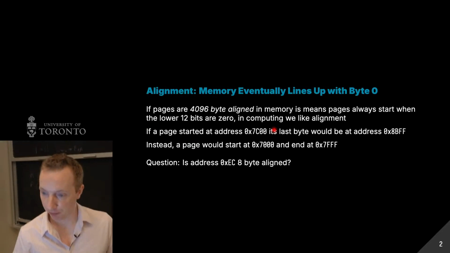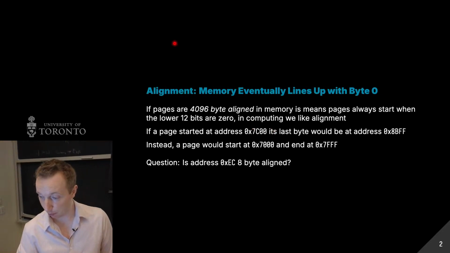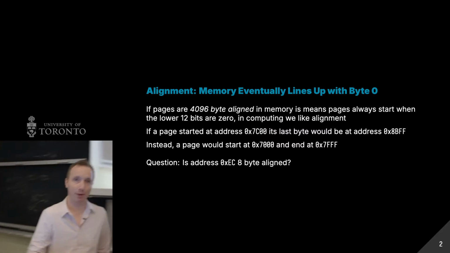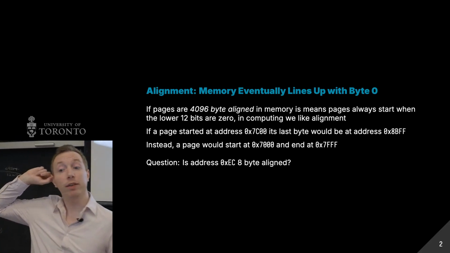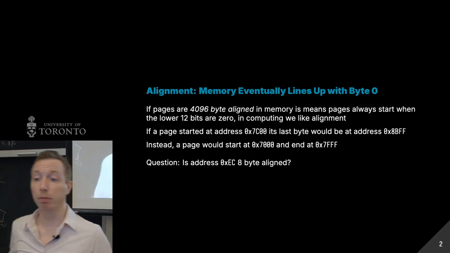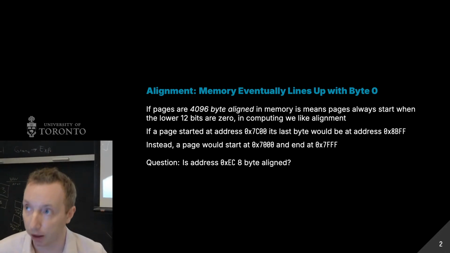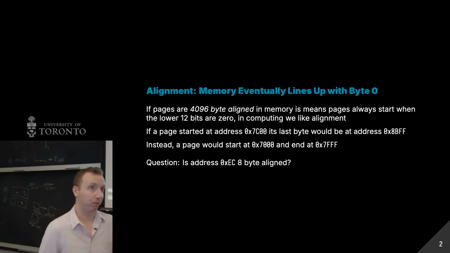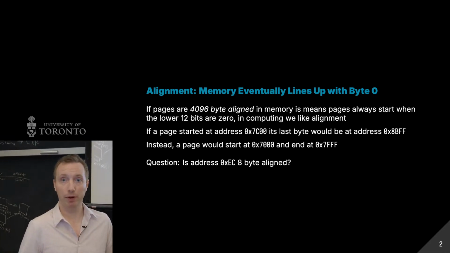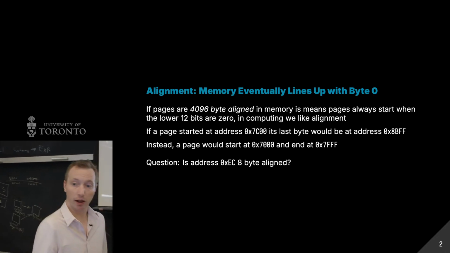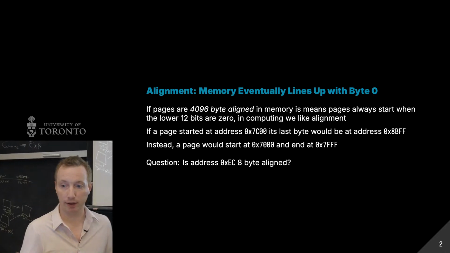Okay then. One quick aside, talking about alignment. You might not have heard this term before, but all alignment means is that eventually memory lines up with byte 0. The reason we don't have to store the whole address of the page table is because everything is page aligned: everything is aligned every 4096 bytes.